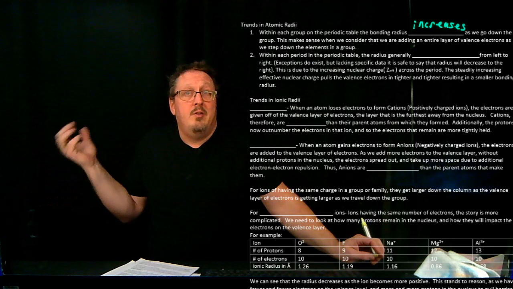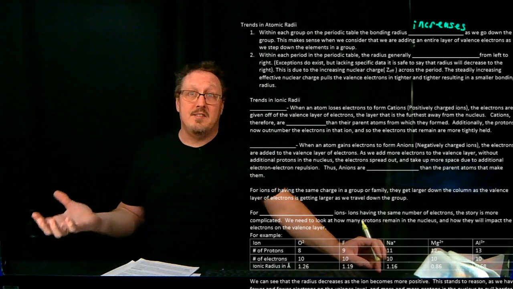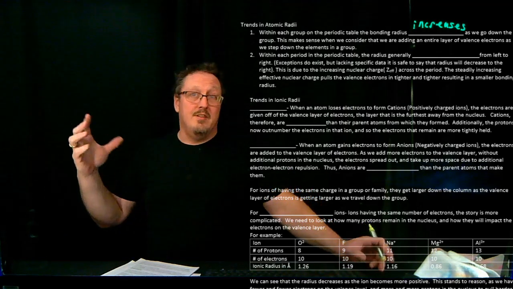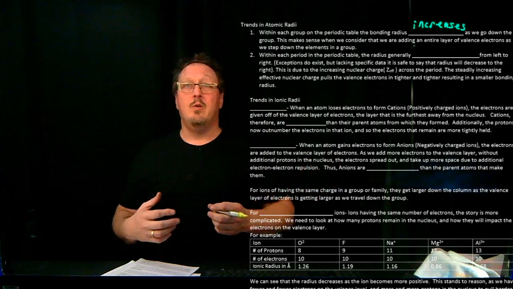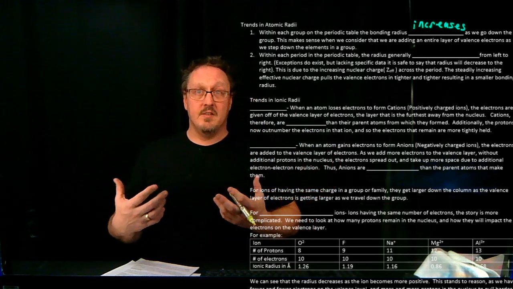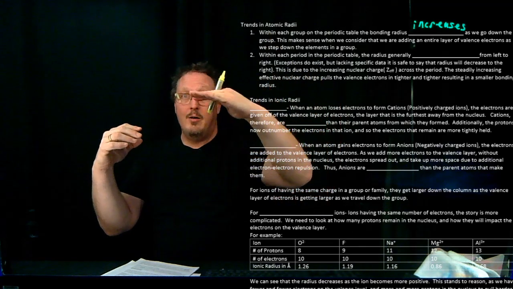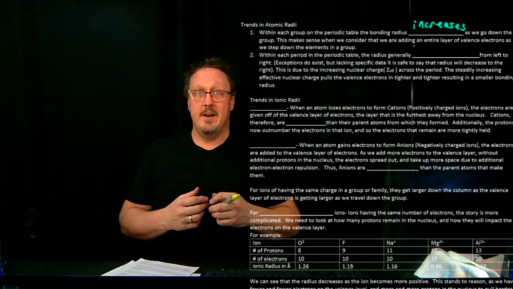Chemistry doesn't happen in the core electrons, it happens in the valence level, and the core electrons just hang out. So atoms get a little bit bigger as we go down because we're adding a whole energy level and a whole bunch more electrons on the inside layer.